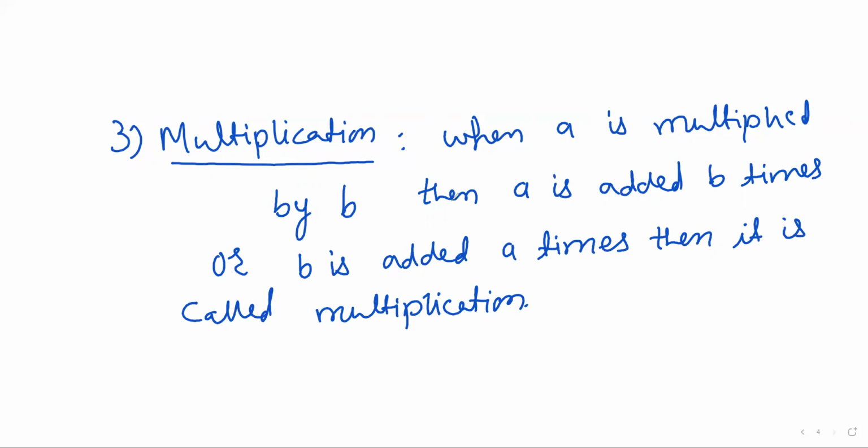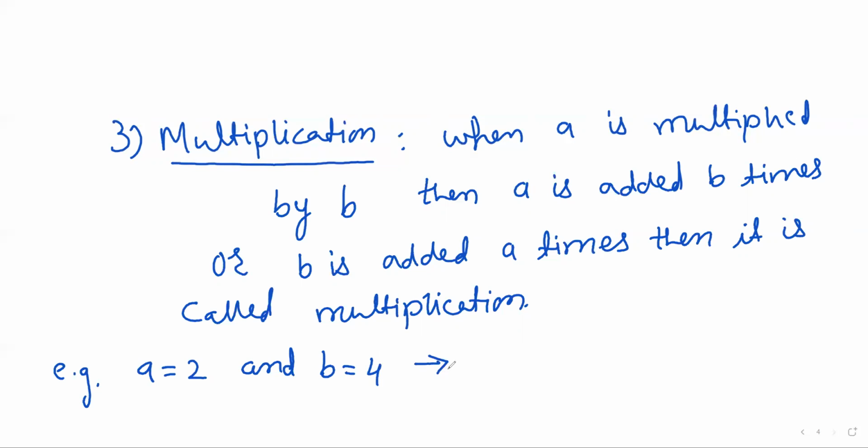Now let's understand it. Consider an example. Suppose let's take A is equal to 2 and B is equal to 4.